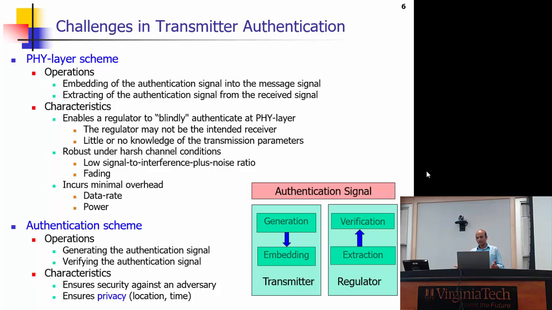So there is not a trade-off, but both of these things should be together in a dynamic spectrum access scenario. One is a PHY-layer scheme, so that the regulator could actually extract without knowing a lot about the transmission parameters, and then there should also be a privacy-preserving authentication mechanism.